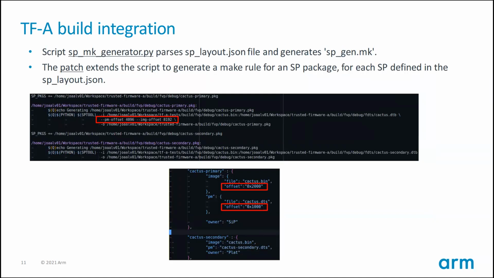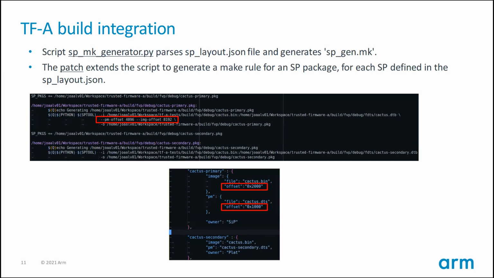We also made a couple of changes to integrate the changes made to the tool and to the SP package format into the TFA build system. In there, we had the SP make generator Python script, which was basically responsible for parsing a JSON file containing all the SPs to be deployed in a system with SPMC.